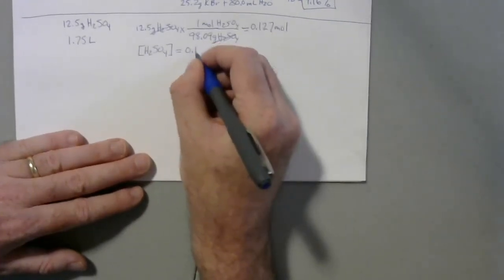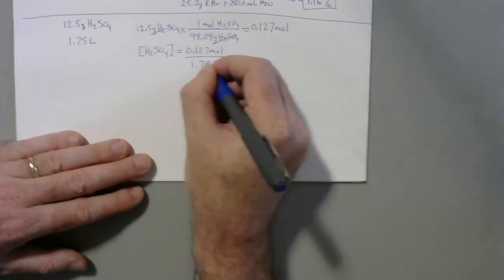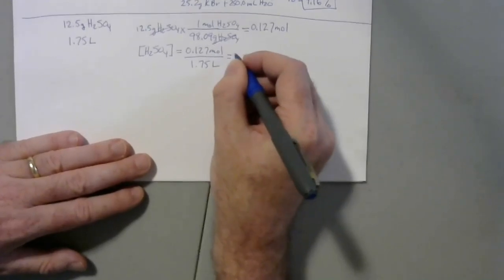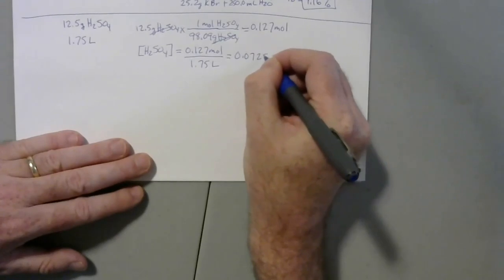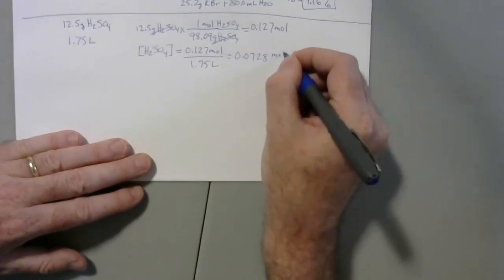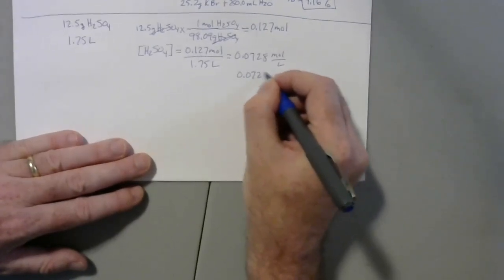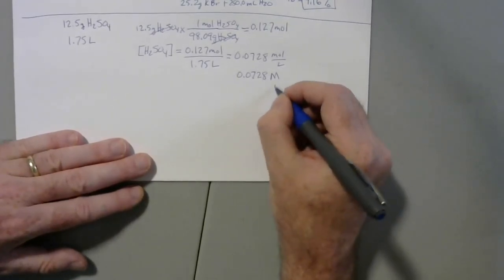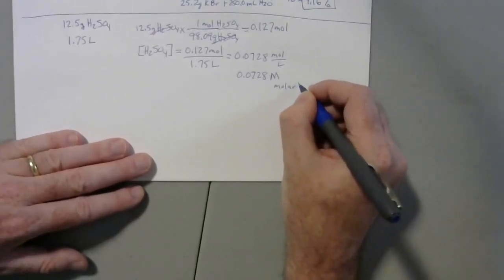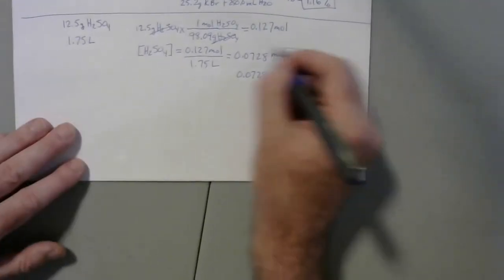So 0.127 moles divided by 1.75 liters, and you'll get 0.0728 moles per liter, or 0.0728 M, the capital M meaning molarity, and that's read "molar," like one of your back teeth. So 0.0728 molar solution, and that would be your answer to the question.